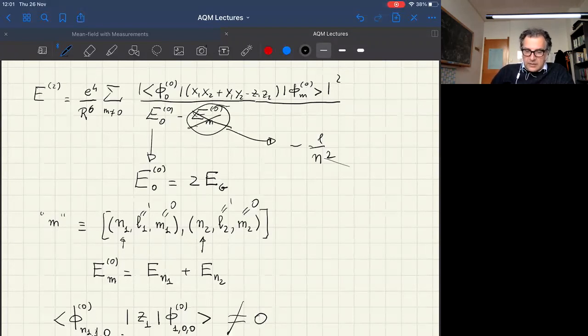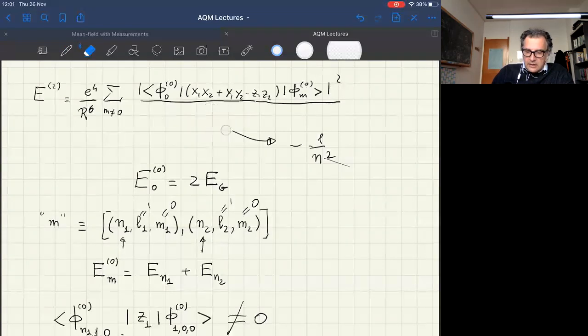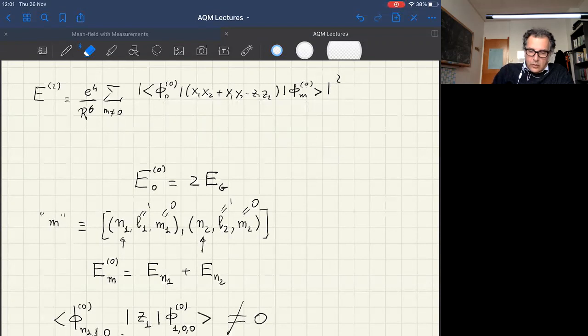And this is nice because if you drop it, I just rewrite it here so that you can see. If you drop it, then this is nothing else than 1/2 Eg. And I think there was a minus sign here that I have to put.